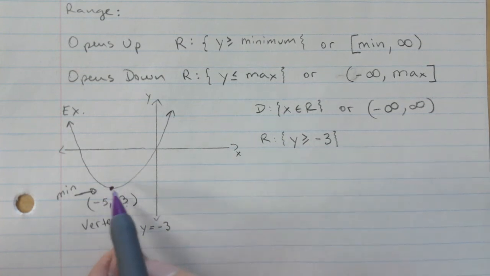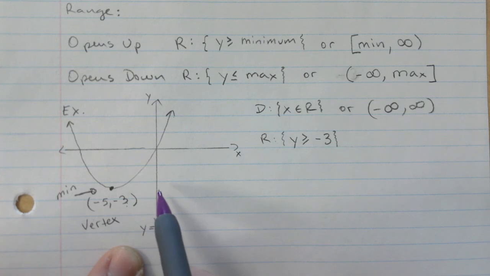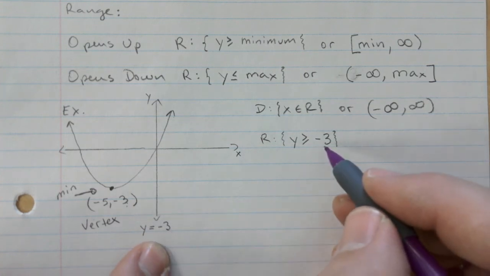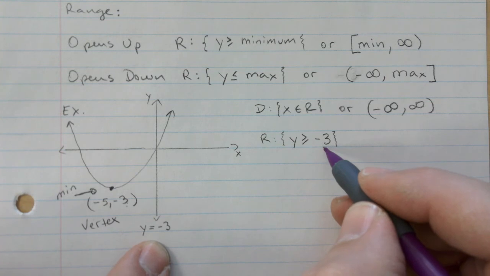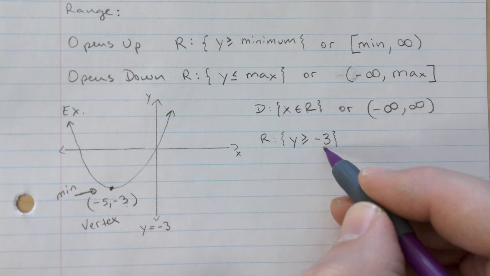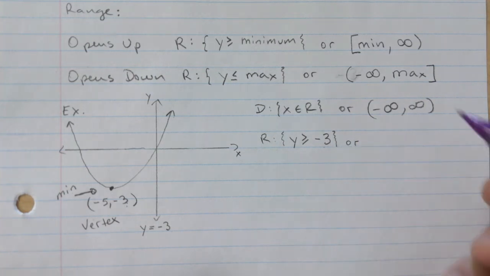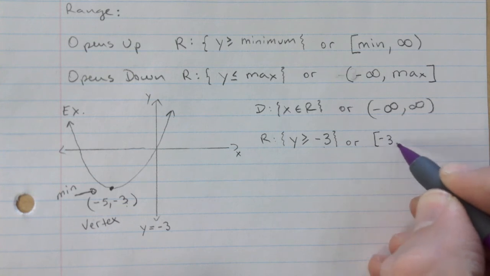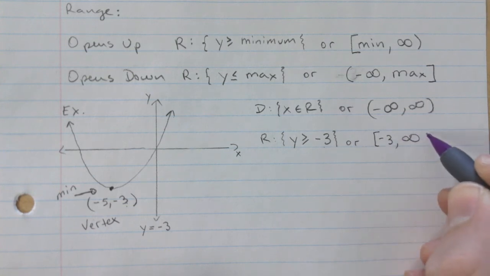That'll be a horizontal line going through there, okay? But that's the value you want for the range. So y is always bigger than -3, but never less. Or you use this format, right? You're going from -3, including, to positive infinity like that.